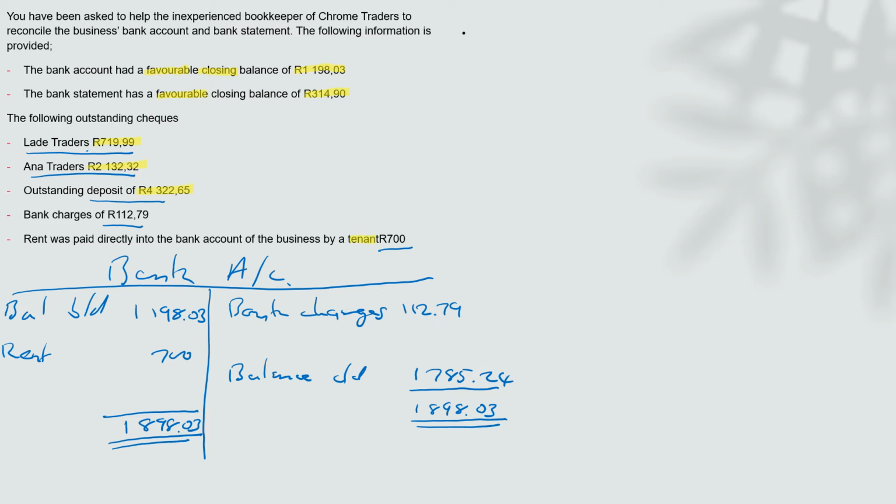Then there will be a balance BD. That's 1,785.24.